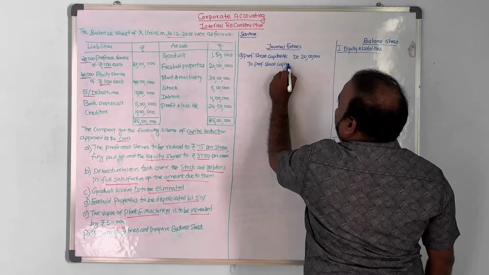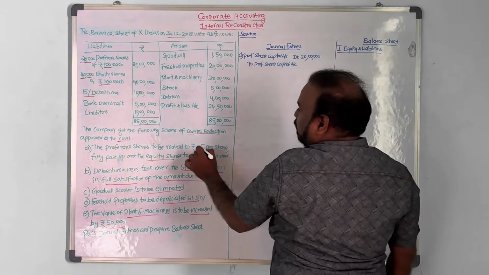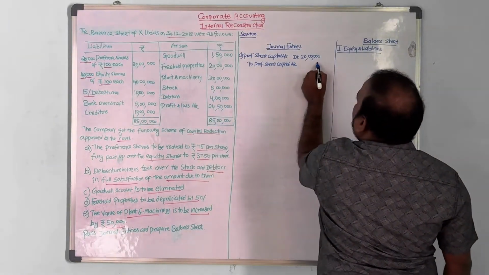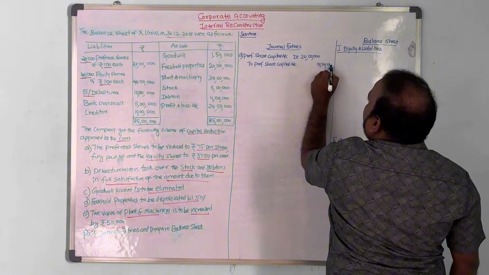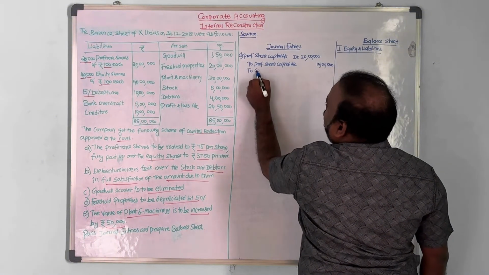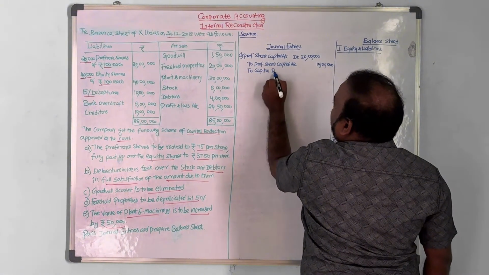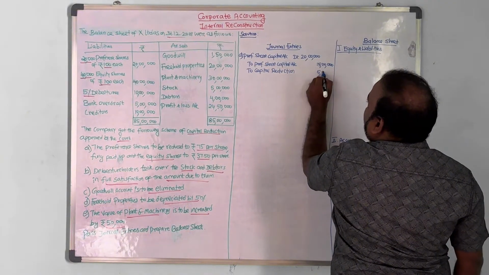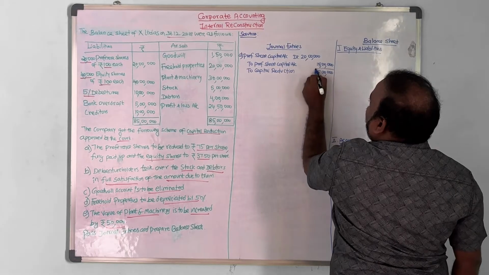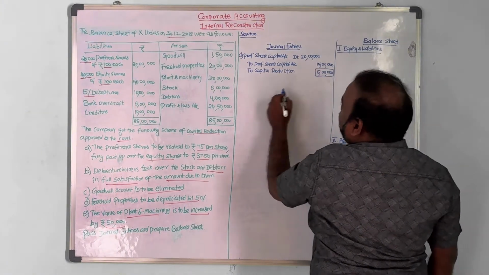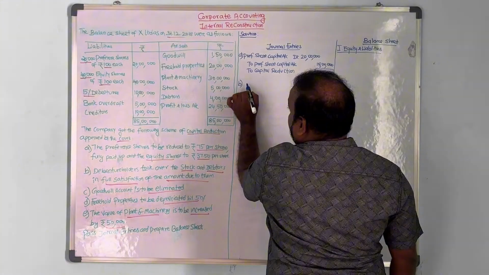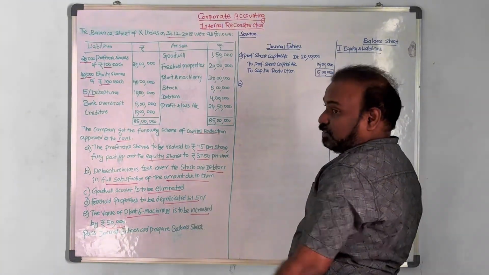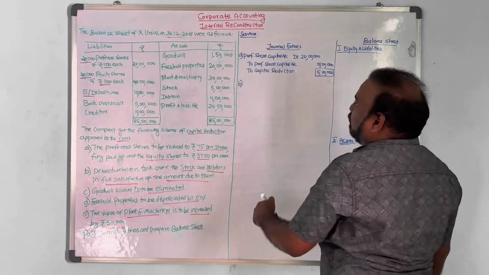Now it has been brought down to 75, so 20,000 shares into 75 become 15 lakh. The remaining 5 lakh is to capital reduction. You just circle it, because we have the total capital reduction in the upcoming journal entry for writing off intangible assets and adjustments like depreciation.